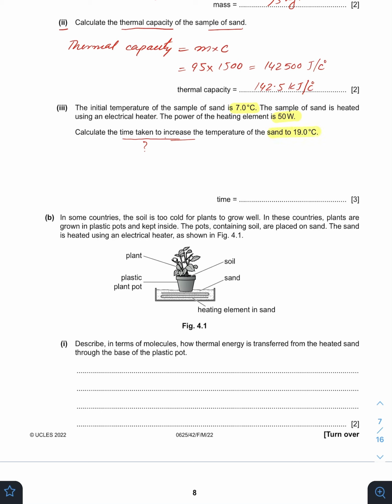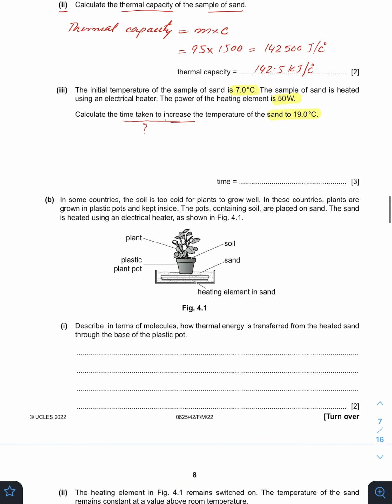Final temperature is given to us. So I need the time. For the time, power is given.